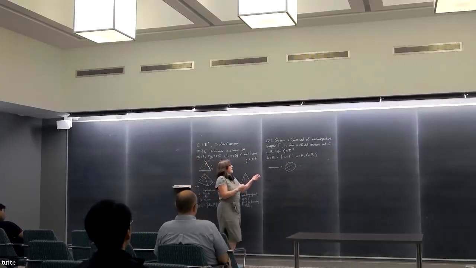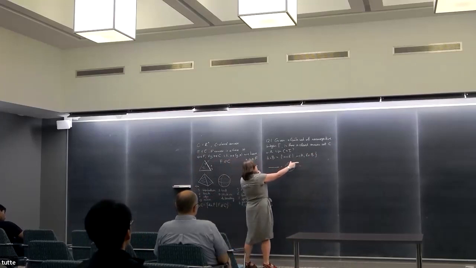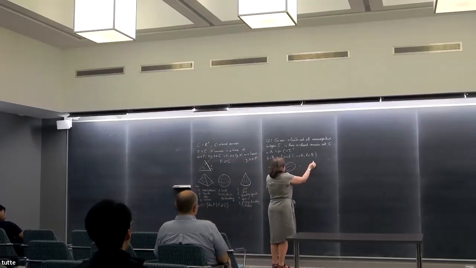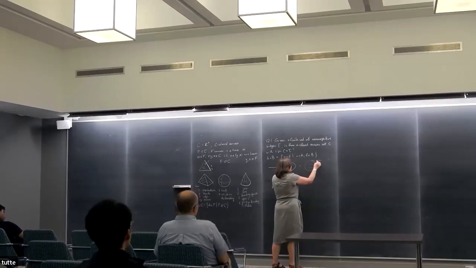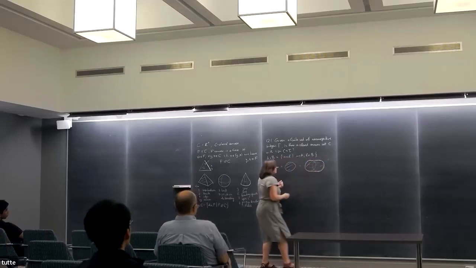I take one of them and add it to every point of the other set. So we add a line segment to every point here, and the resulting sum is a set that looks like this.